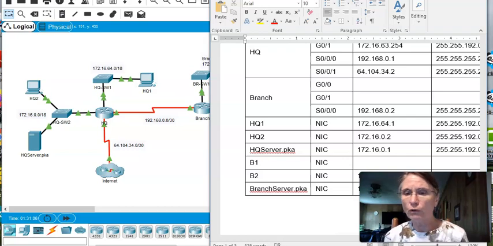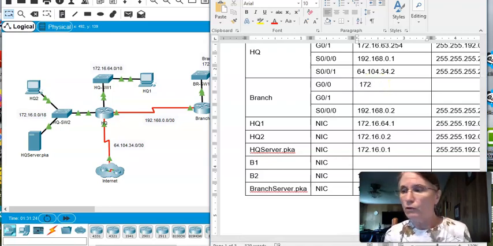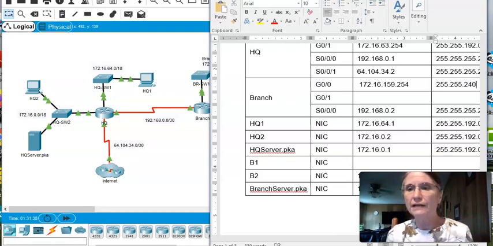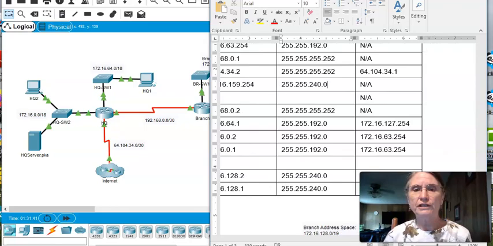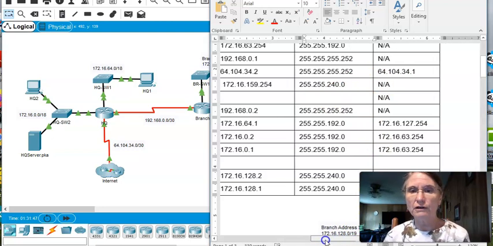And we were told in our instructions that we needed to use the last usable address from the second subnet on the G00 interface. So that would mean the 172.16.159.254, and we just calculated that that subnet mask was 255.255.240.0.